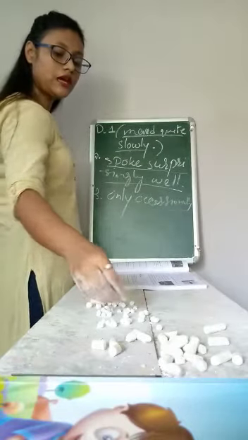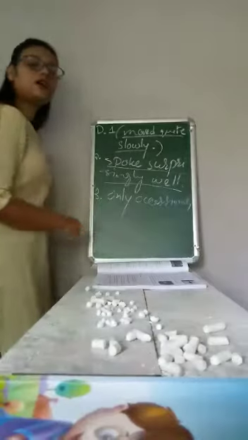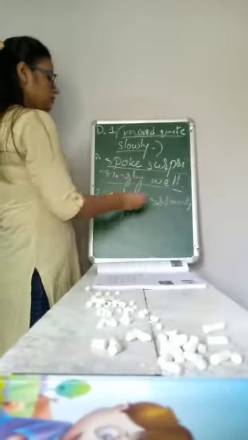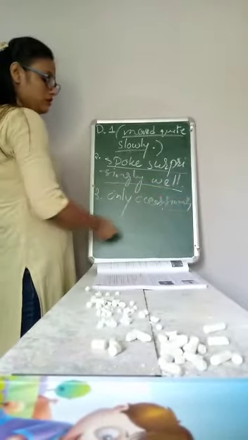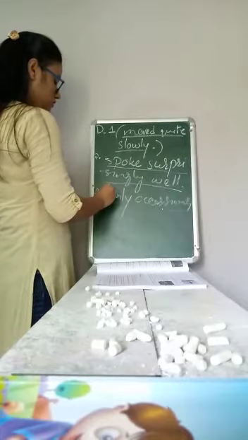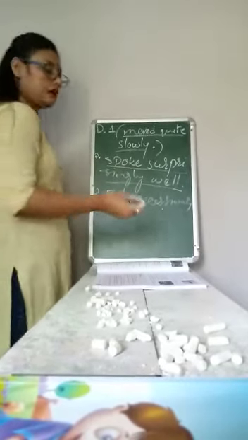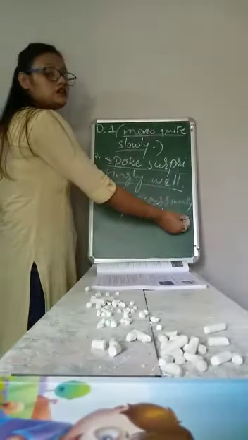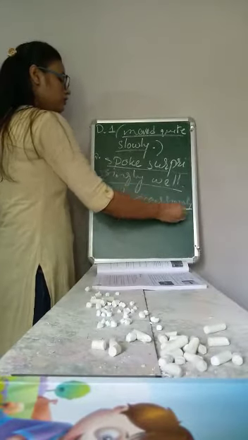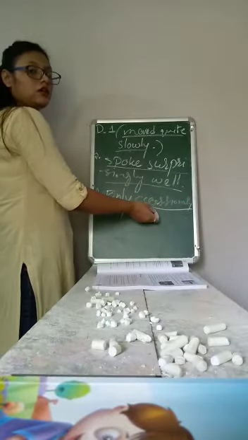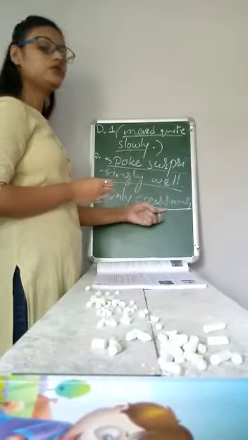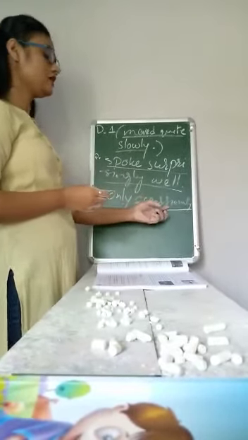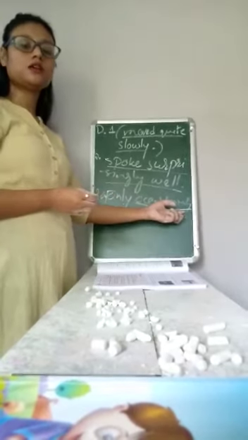When do you dine out? We dine out occasionally, not always. That means we don't dine out always. Dine is the verb, and then we do it occasionally. So this word is the adverb, and this phrase will be the adverb phrase.